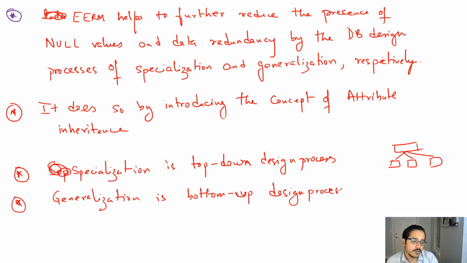What that means is that you start with multiple entities and then you create a single generic entity out of them, using all the general attributes of these different entities that are present. Okay, so these are some remarks.